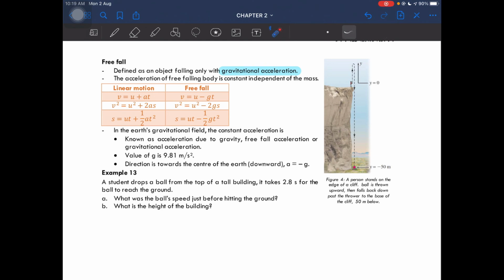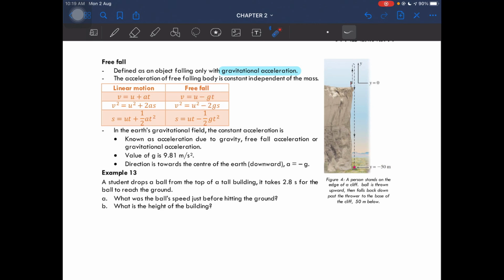These are some of the formulas we will be using for linear motion in comparison to free fall. For free fall we use negative g, because the direction is towards the center of the earth, which is downward. That's why the acceleration will be negative g.